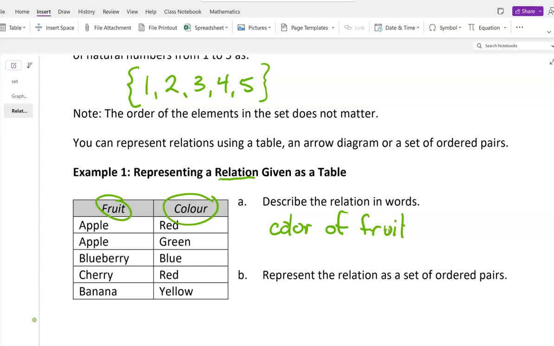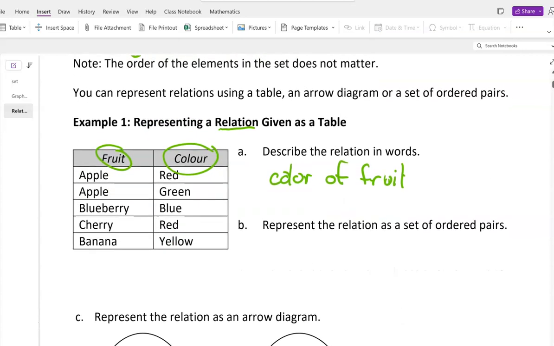And there are many ways to describe or represent relations. One of them would be a table like this. Another one is with words. Another with ordered pairs. So an ordered pair compares each of the elements that are related. For example, I would list here an apple is red.